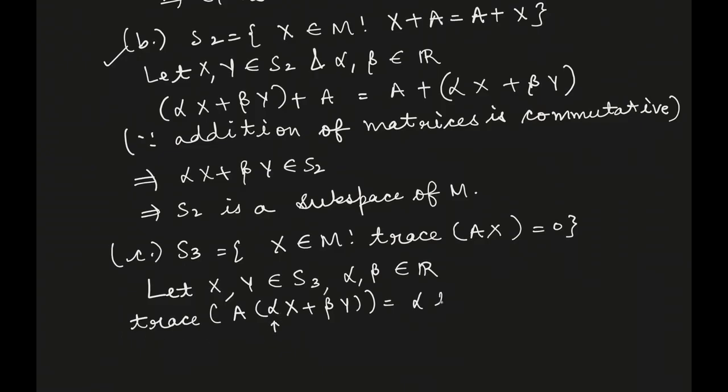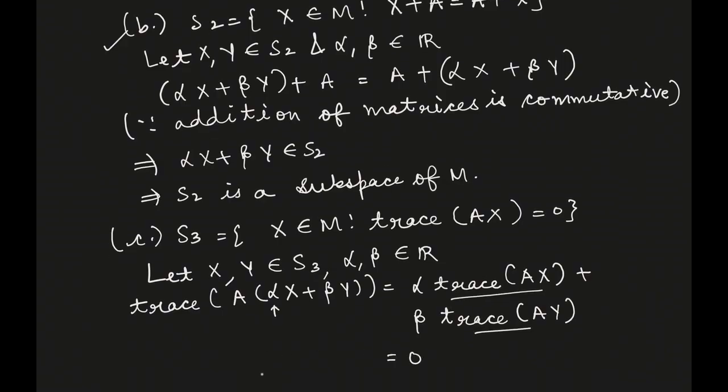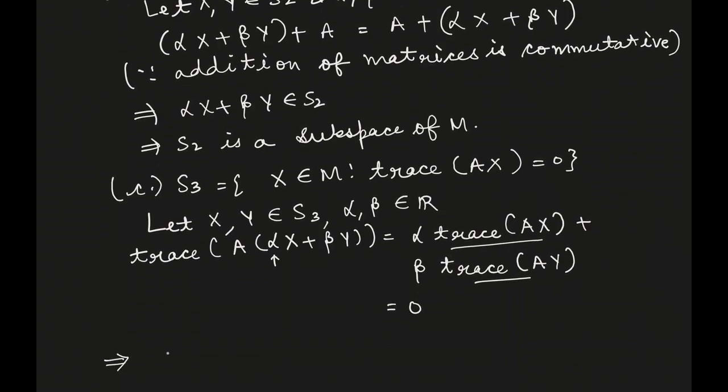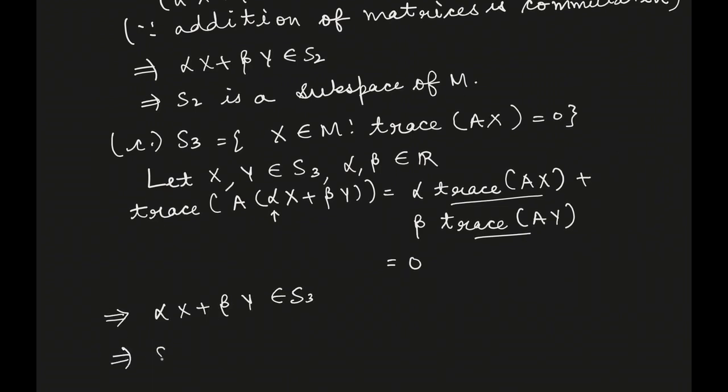So alpha trace of AX plus beta trace of AY, and this is 0, this is 0. So alpha x plus beta y belongs to S3. S3 is a subspace of M. Now is it clear? C is also correct.